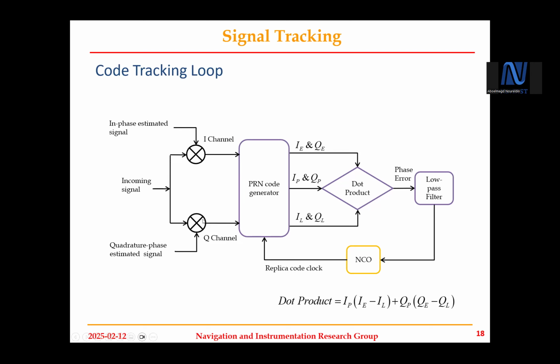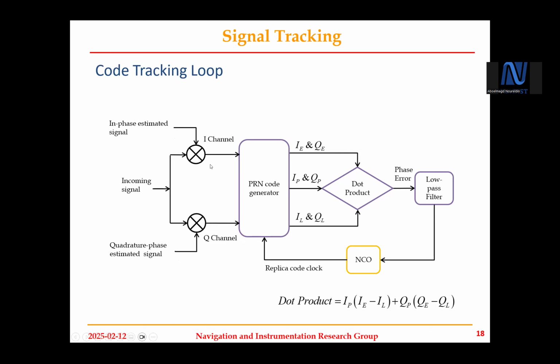If you look at this here, our main focus, as you see, is the biggest block here, right? We generate the PRN code generator, assuming we have an in-phase estimated signal and a quadrature phase estimated signal. Where are these coming from? These, as you will see next, are coming from our code tracking loops.